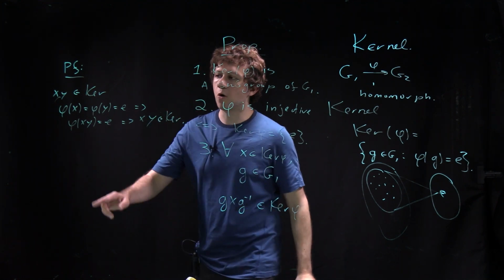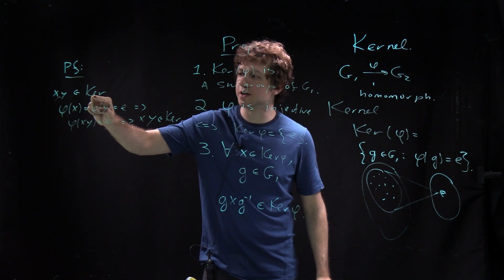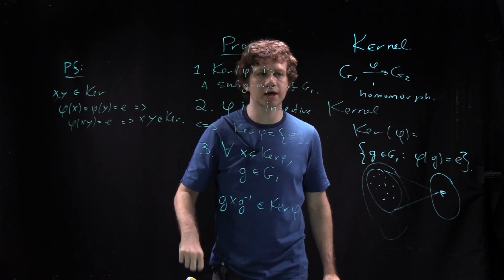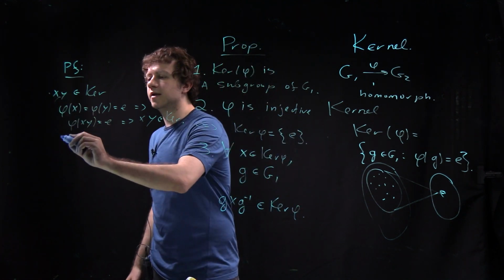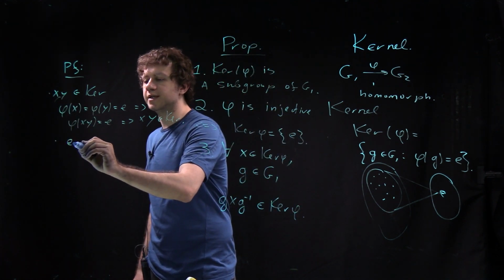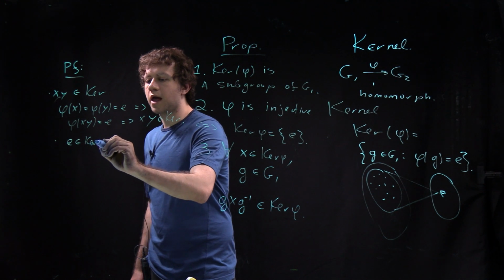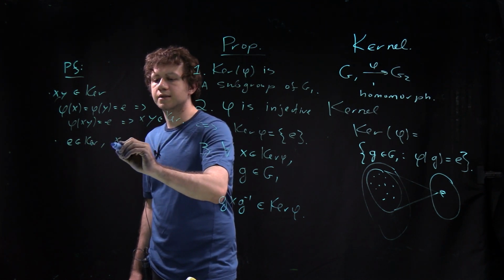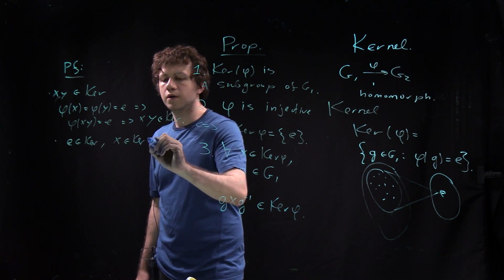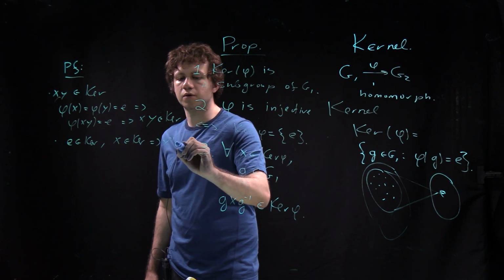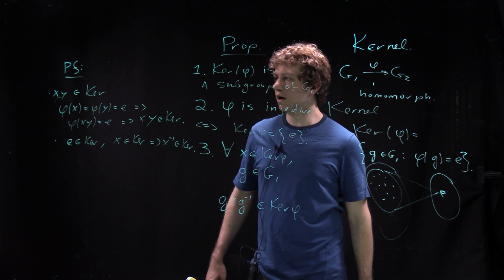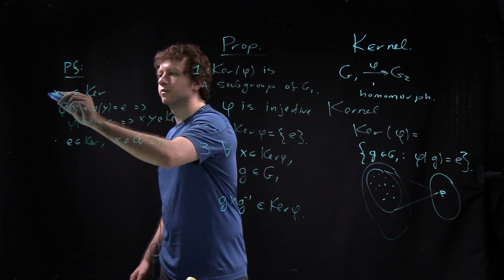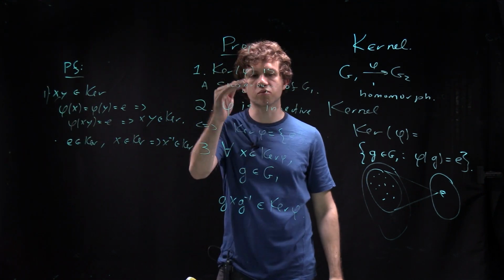We have shown that if two elements are in the subgroup, their product is there, so our subgroup is closed under multiplication. We also see that the identity is inside the kernel, and if x is inside the kernel, then x inverse is also there. All that is pretty trivial, and this proves part one: the kernel is a subgroup.